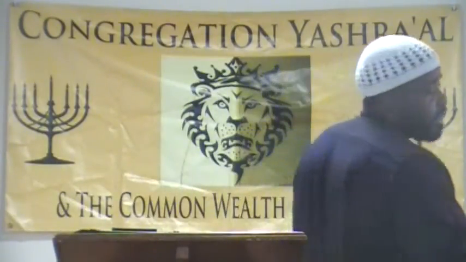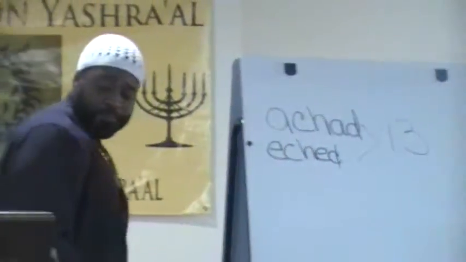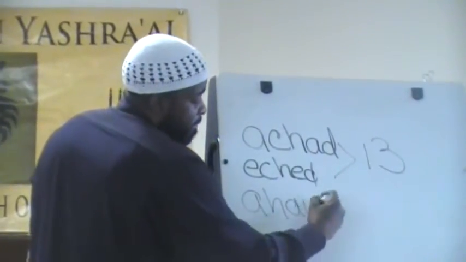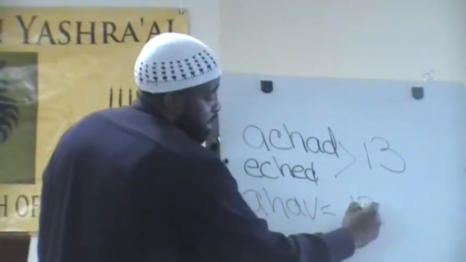One, a unity. Its numerical value is 13. And the Hebrew numerical value for the word Ahav is 13.